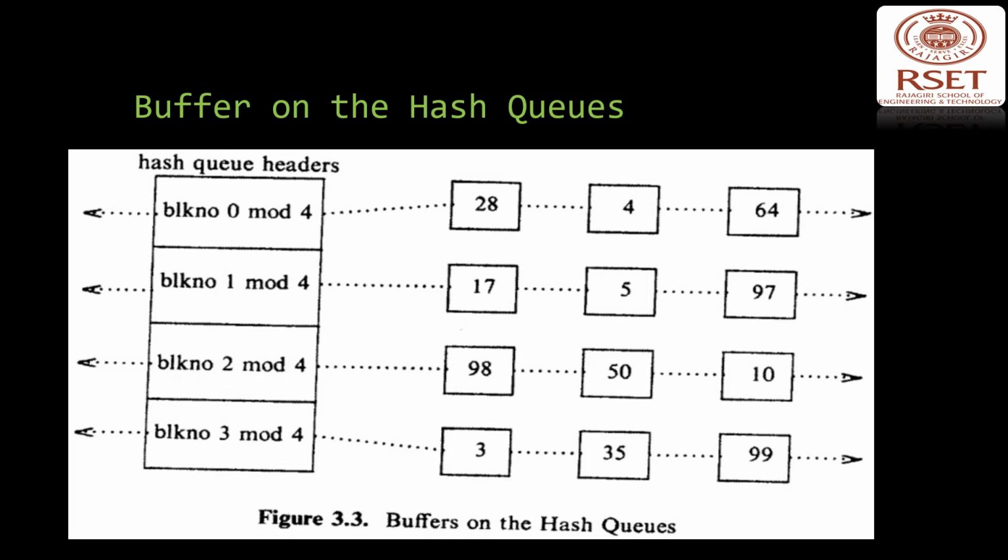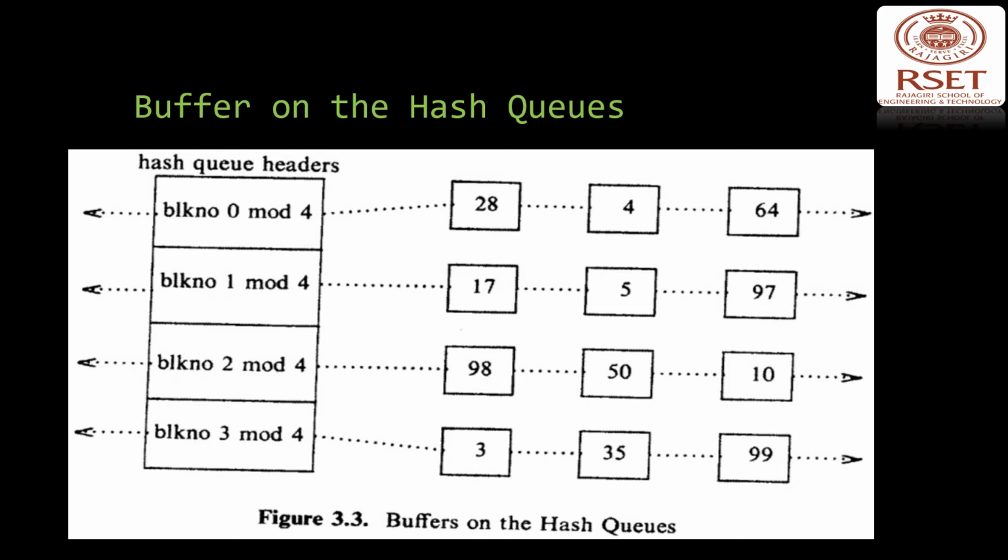The number of buffers on a hash queue varies during the lifetime of the system. The kernel must use a hash function which distributes the buffers uniformly across the set of hash queues. Usually, system administrators will configure the number of hash queues when they are generating the operating system.